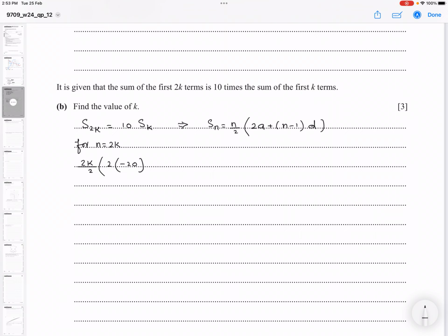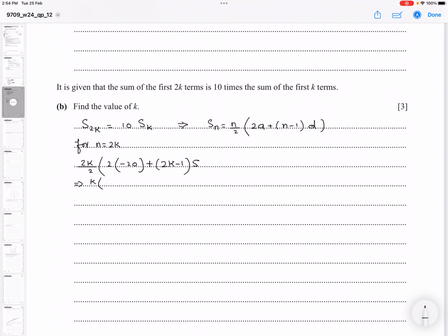So 2k over 2, 2 times minus 20 plus 2k minus 1 times d, which is 5. Now if I solve it, the 2 and 2 will be cancelled.